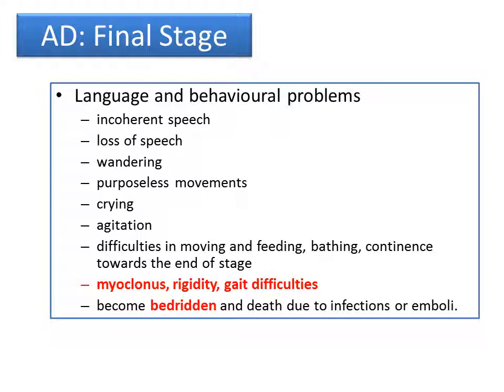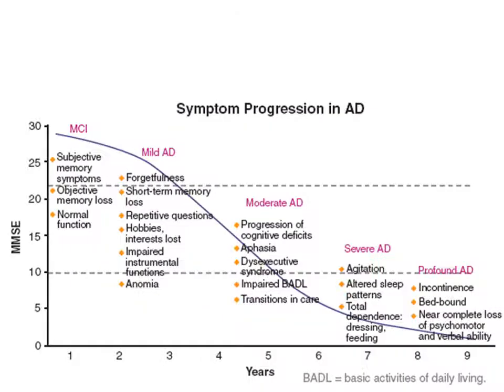At last, the patient may become bedridden and die due to infections or embolism. This diagram also shows the symptom progression in Alzheimer's disease from mild cognitive impairment to mild, moderate, severe, and profound Alzheimer's disease, exactly as we have discussed before.